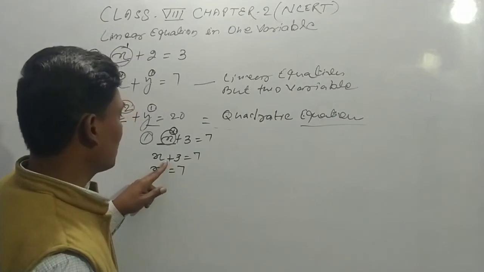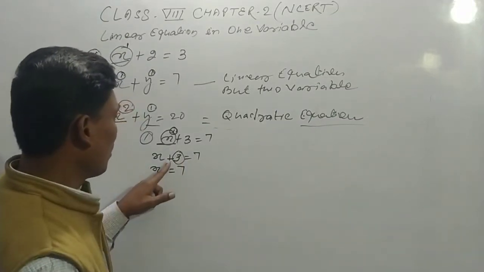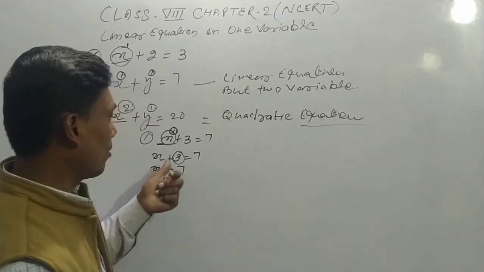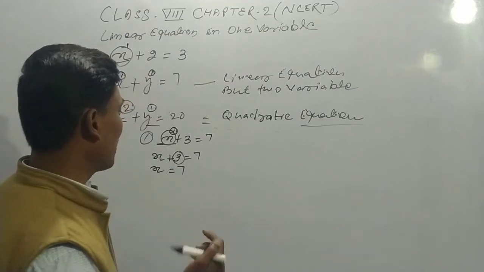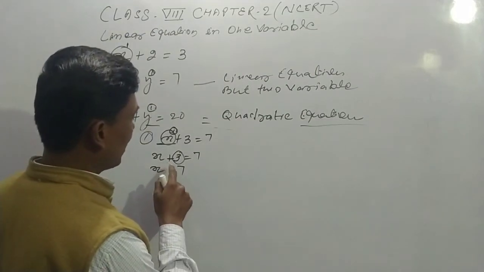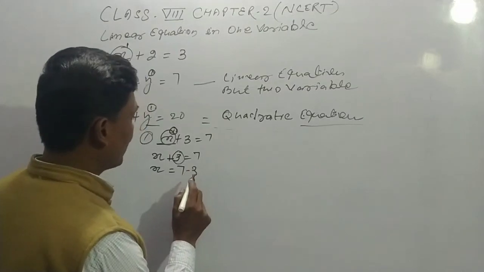If the integer's sign is plus on the left side of the equal sign, then when we take it to the other side, that is the right side, the sign of the integer will be changed from plus to minus.